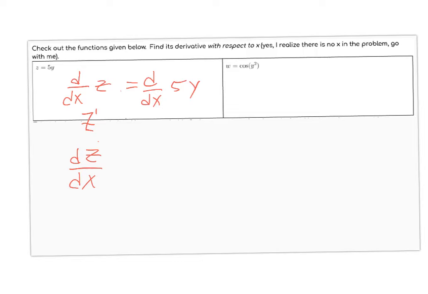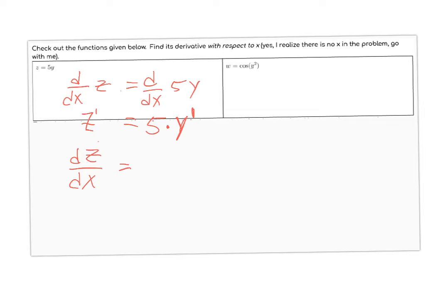In terms of the other side of this, we said that this would be 5 times the derivative of y, whatever that is. We don't know what that function is, so we can write that as y prime. At this point, we're done. We can't really go any further than this because we don't have anything else to do.